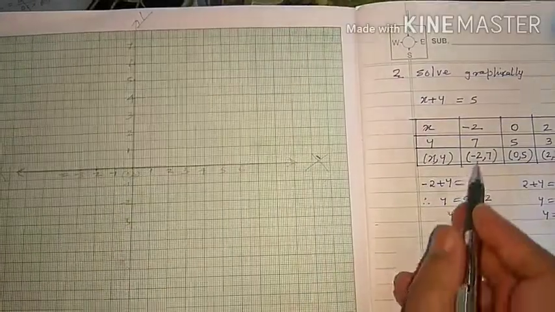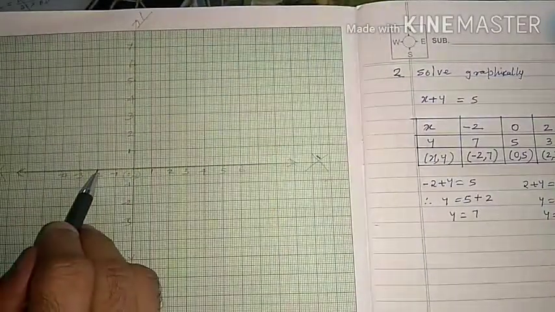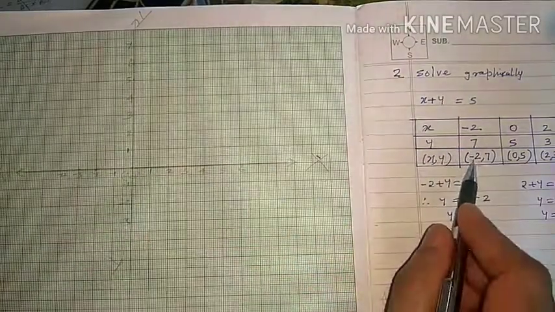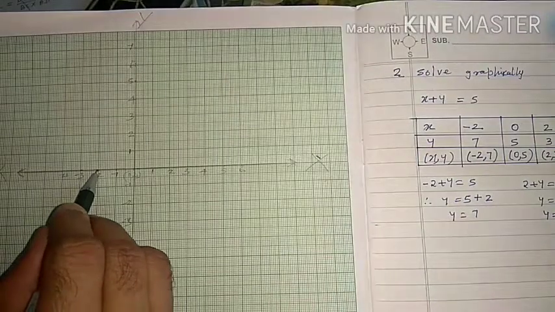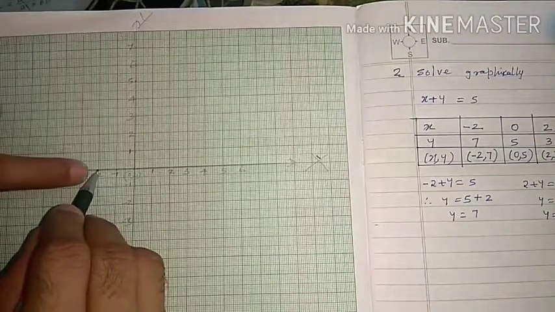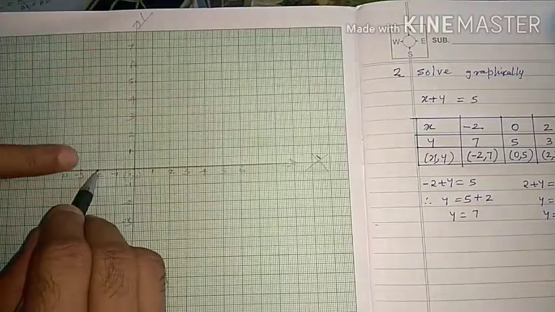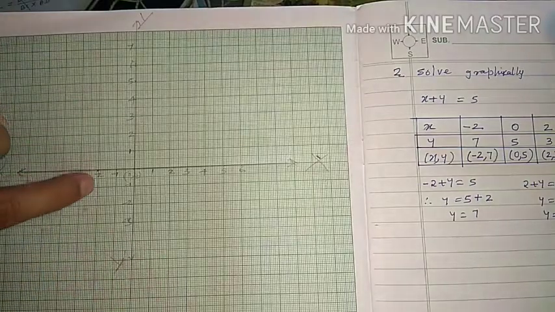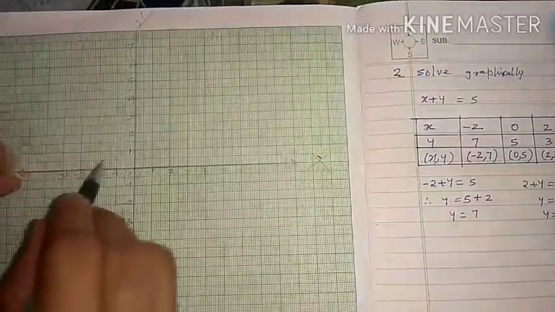Now we take the first point. X is minus 2 on the x-axis. We have to take the x value first. The point is minus 2, 7. Now y is plus 7, which means we have to go above the x-axis. Y positive is above the x-axis, y negative means below the x-axis.